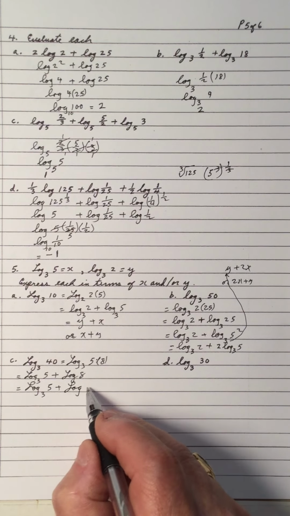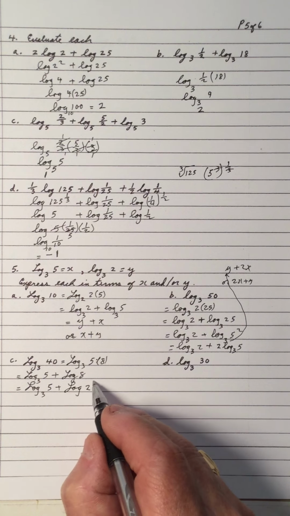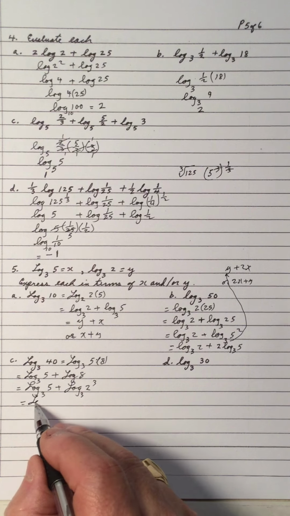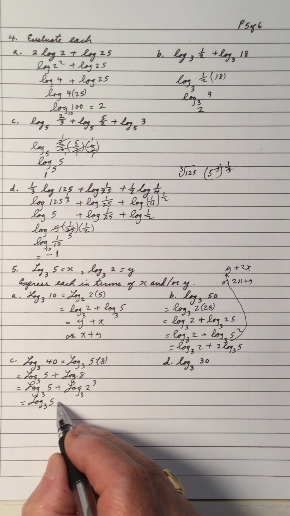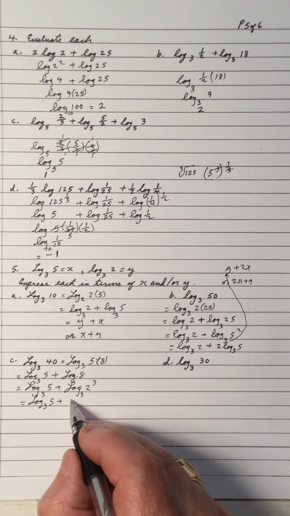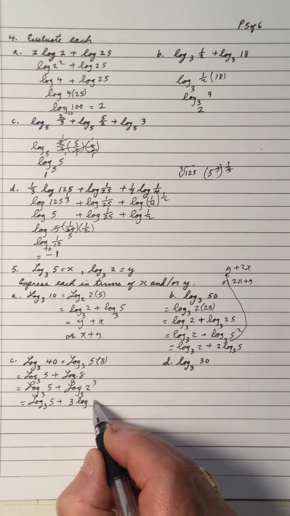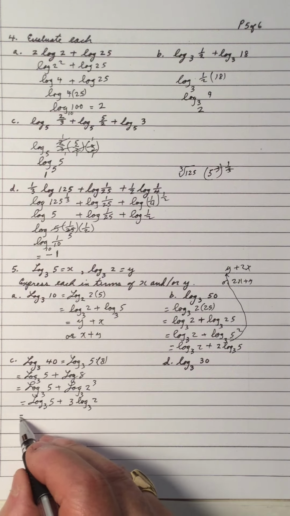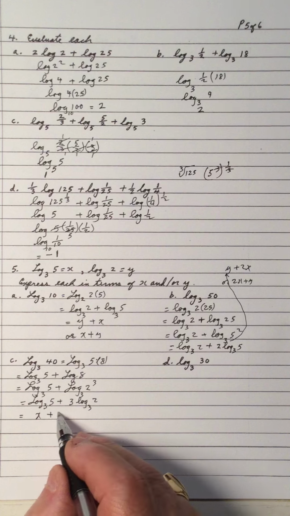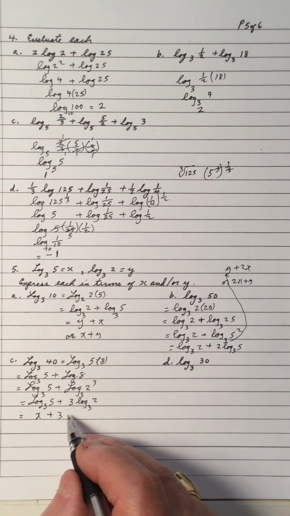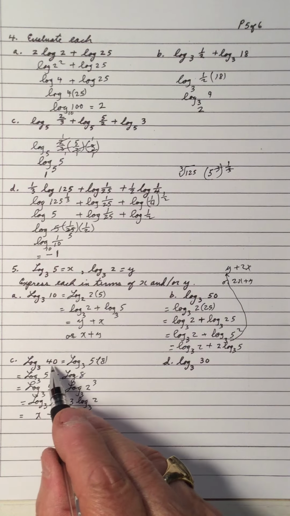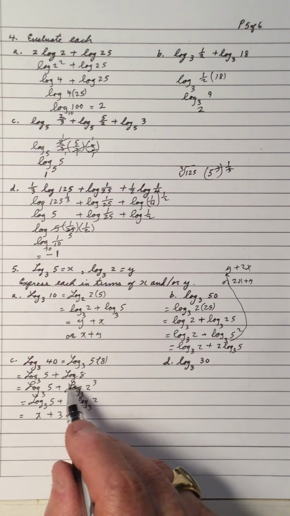So 8 is 2 cubed, and the base is 3. And so we break it right down. The power of 2 cubed is 3 log 2 base 3. So the log of 5 base 3 is x, and the log of 2 base 3 is y. So you can see, notice you have a 40 and you need 5's and 2's.